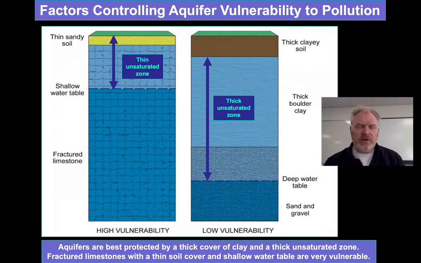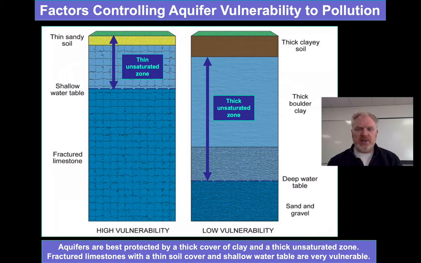Now, areas have different vulnerabilities to this contamination. In particular, where we have unconfined aquifers. So we have permeable rock at the surface with maybe a shallow water table beneath it that has high permeability because they're often used as aquifers, but they're also the ones where pollution can get most quickly and most easily into that groundwater and spread the furthest.